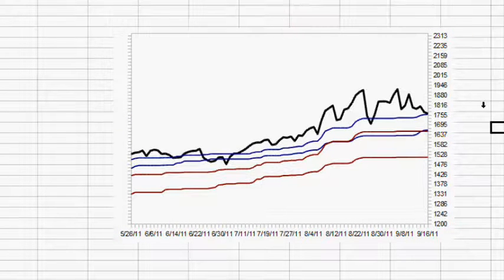So there's another look at the gold chart. Within the entire run since May the 26th, it has stayed above its 38.2% retracement over the 200-day high and the 200-day low. For the most part, it has not only been above this bottom blue line, but even the upper blue line as well.